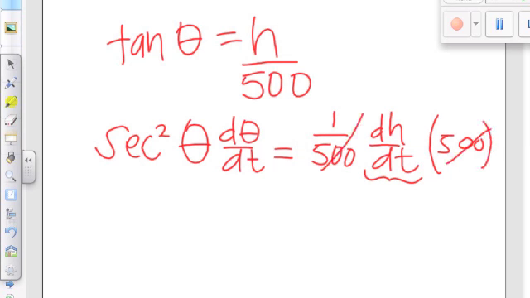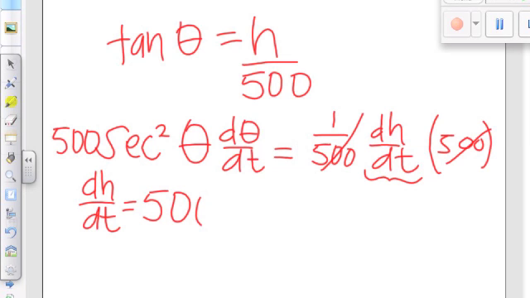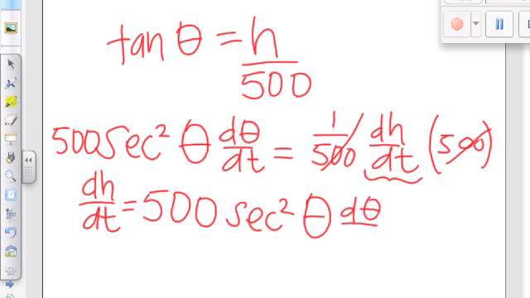Multiply there, multiply this by 500, and now I get this equation, dh dt equals 500 secant squared theta d theta dt. Good. And just like step 5 says, plug in all your information.